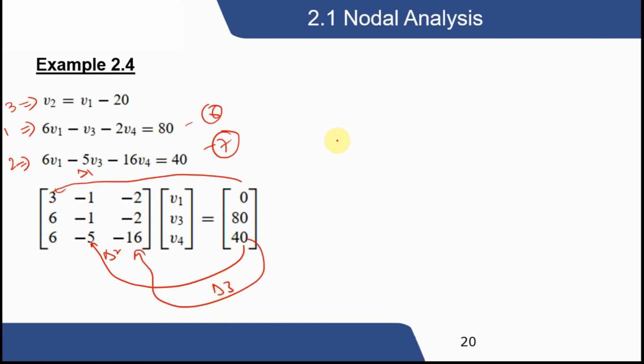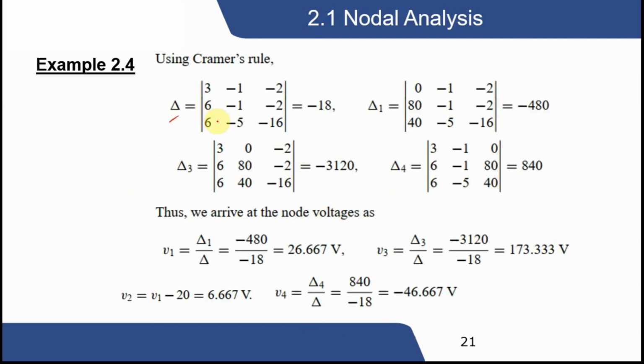So v1 is equal to delta 1 divided by delta, v2 is equal to delta 2 divided by delta, and v3 is equal to delta 3 upon delta. Similarly we have delta 4. Delta 1 by delta is v1, delta 3 by delta is v3, and delta 4 by delta is v4.